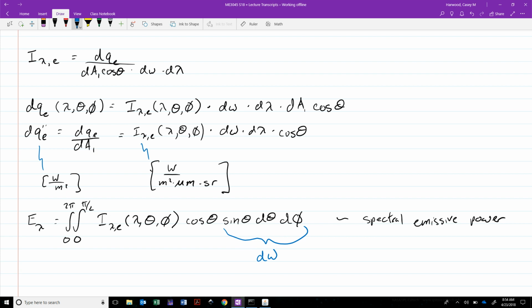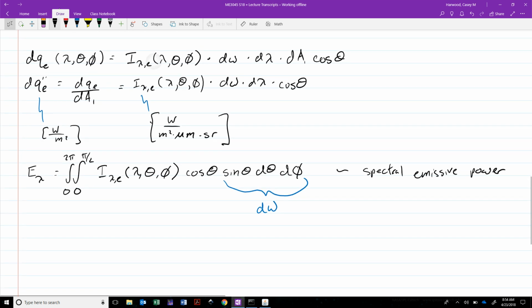What we're talking about is the amount of radiation in a given direction per unit solid angle, multiplied by a small differential solid angle in a particular direction. The limits of integration, 0 to 2 pi, is a full circle, and 0 to pi over 2 means from horizontal to vertical. So this is integrating over an entire hemisphere.